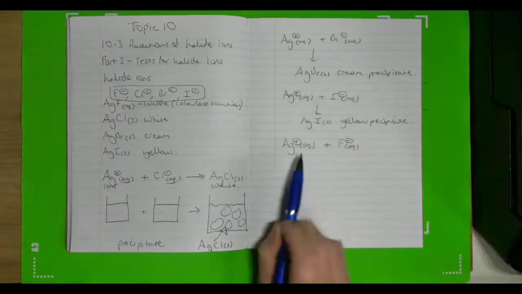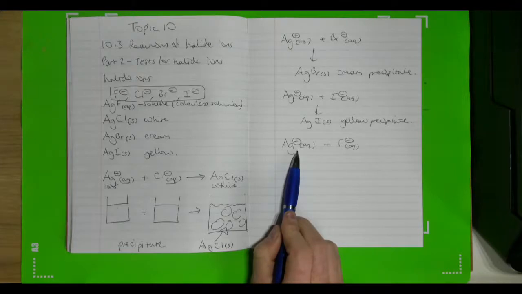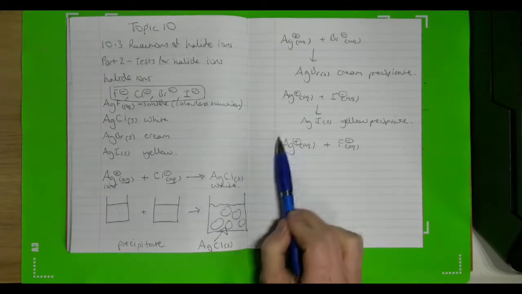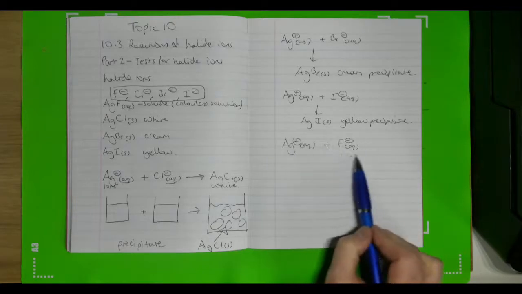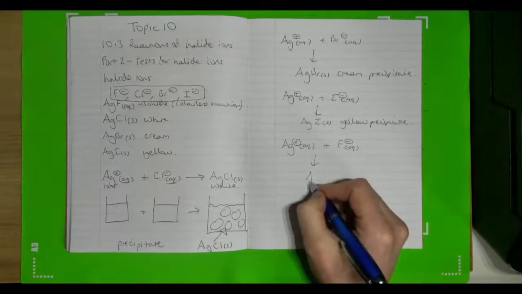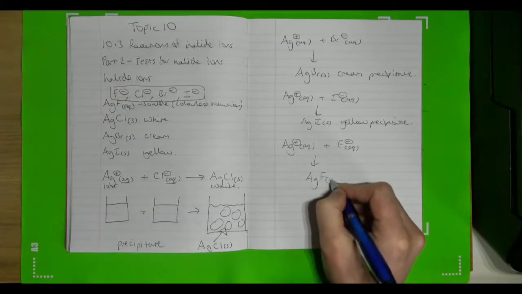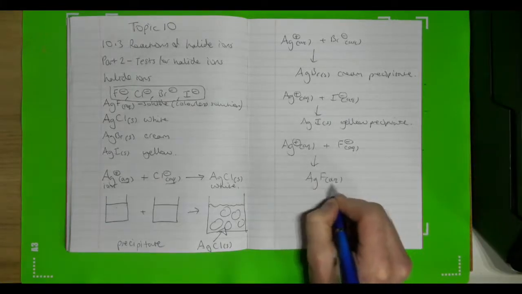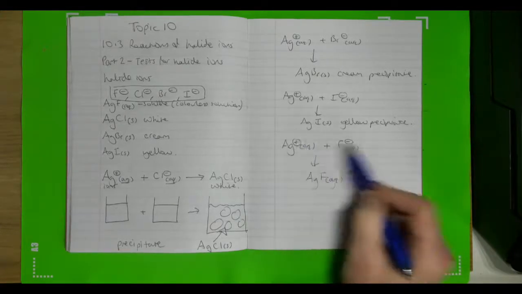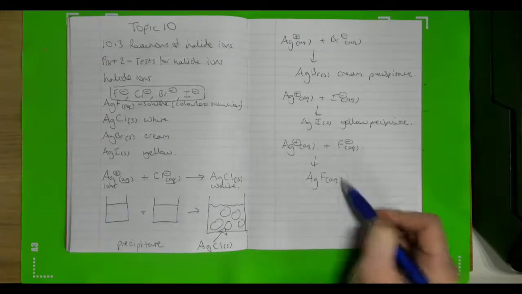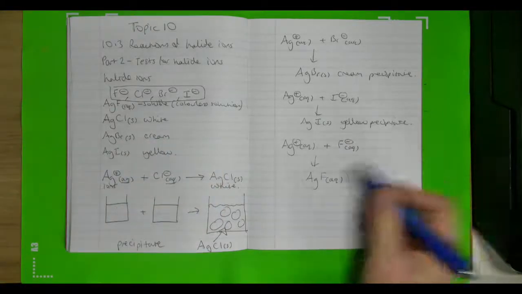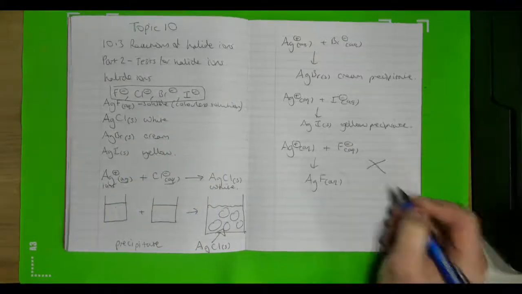Because if I take a colourless solution which contains silver ions and react that with a colourless solution of fluoride ions, because my product is soluble, we know this because it says aq, then that would make a colourless solution as well. So basically, taking two colourless solutions, adding them together, makes another colourless solution. Well, you're not going to see anything happen. So you can't use this as a test for fluoride ions.